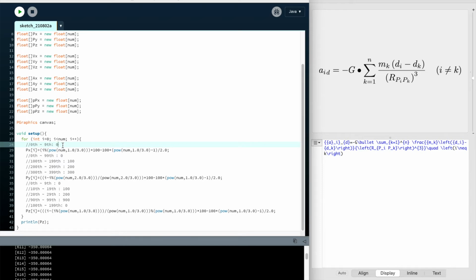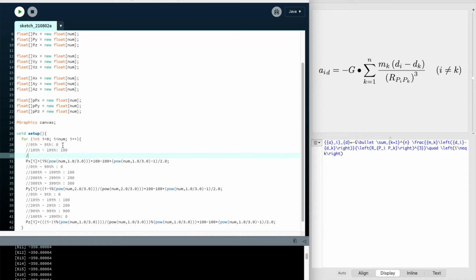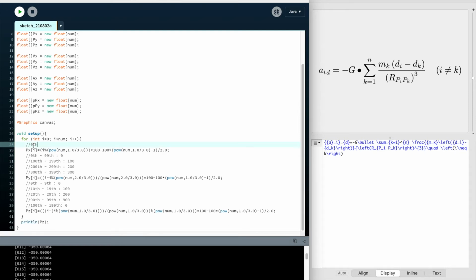So that's 0, then 10s to 19s, 100, then 20s to 29s, we have 200. Wait. No. We have 0s, 10s, 20s are all 0.